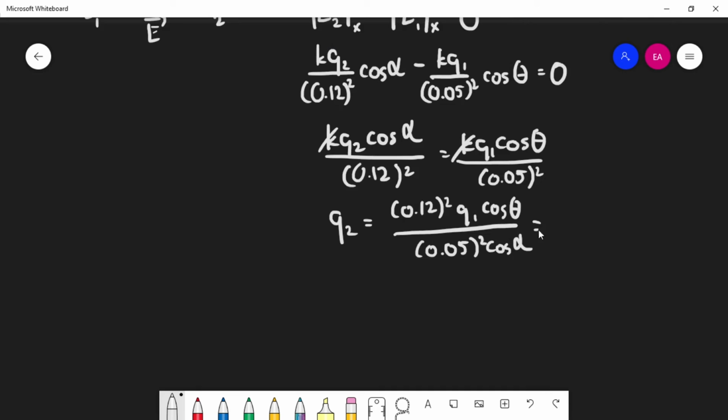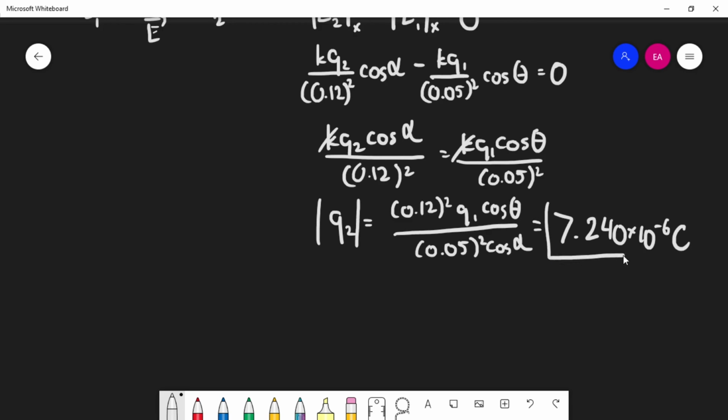We would get the magnitude of q2, since we already have the magnitude of q1 as well, would be equal to 7.240 times 10 raised to negative 6 coulombs.